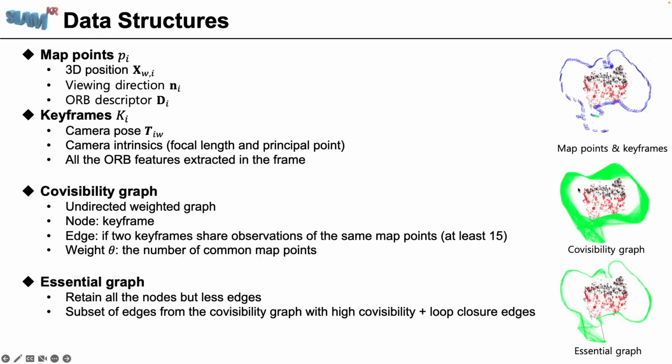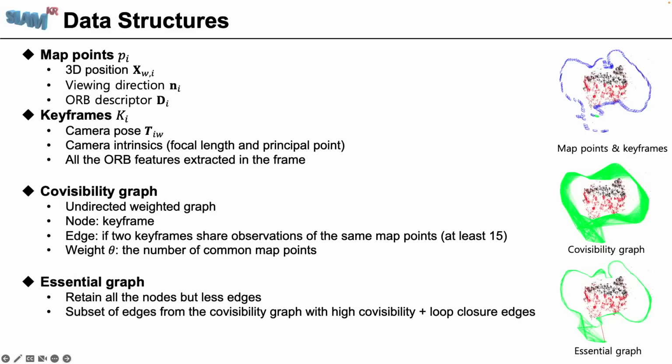On the right part of this slide, you can see the co-visibility graph in this figure. The yellow and green lines are the graph edges.